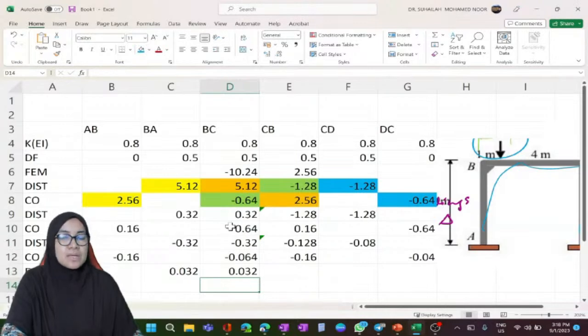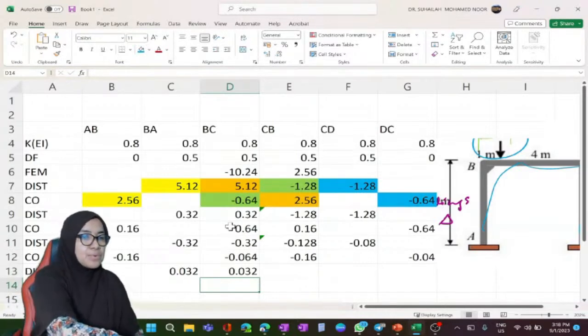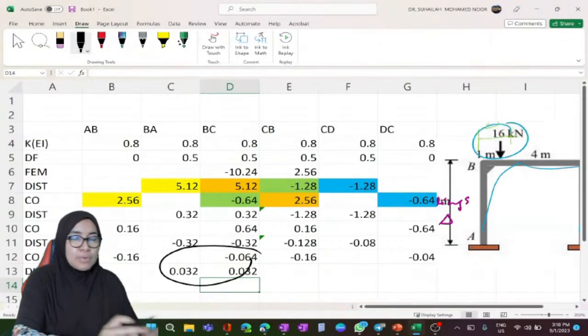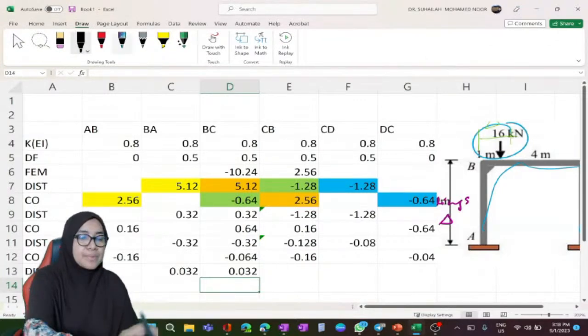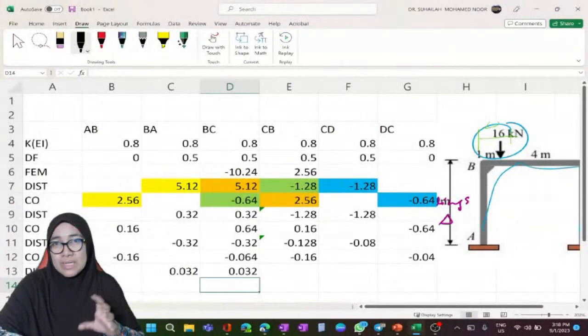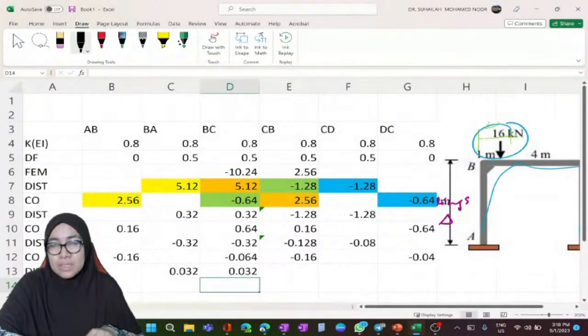So that this 4 value, when we plus, we get 0. Representing equilibrium condition for joint equilibrium.